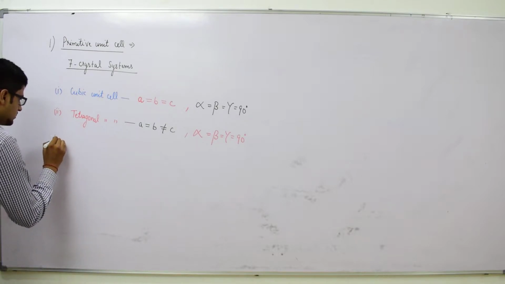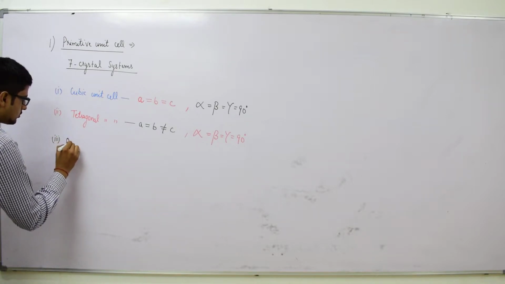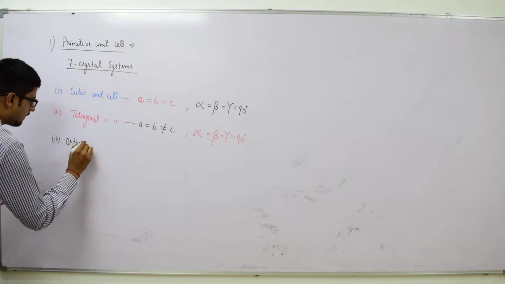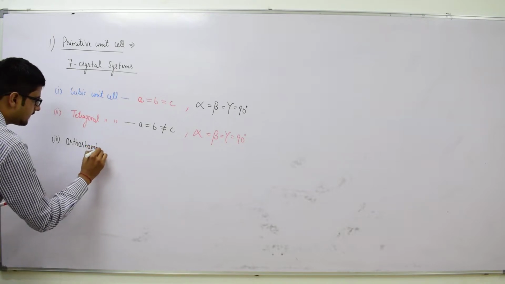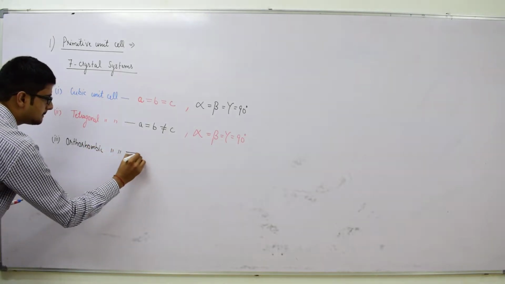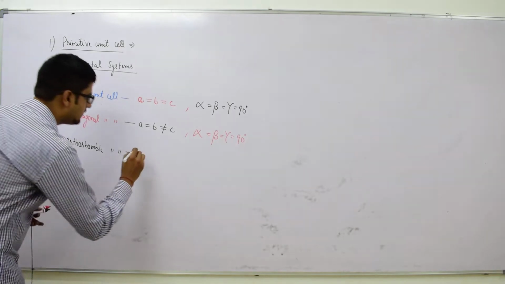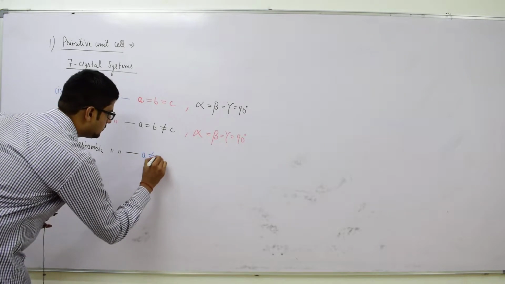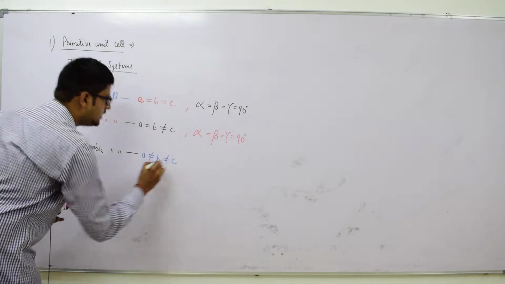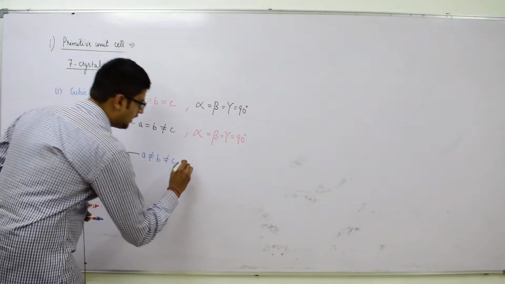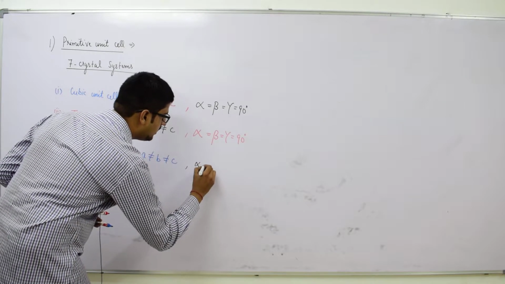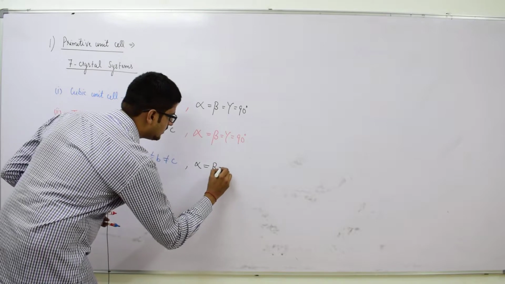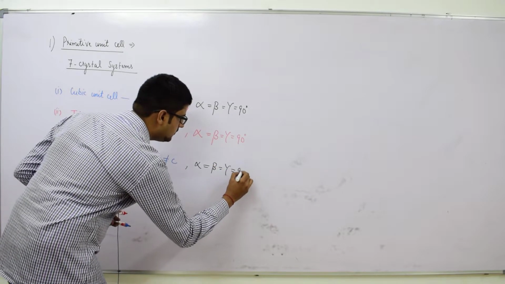Now, the third one is orthorhombic unit cell. Now, the arrangements are A is not equal to B is not equal to C and alpha is equal to beta is equal to gamma is equal to 90 degree.